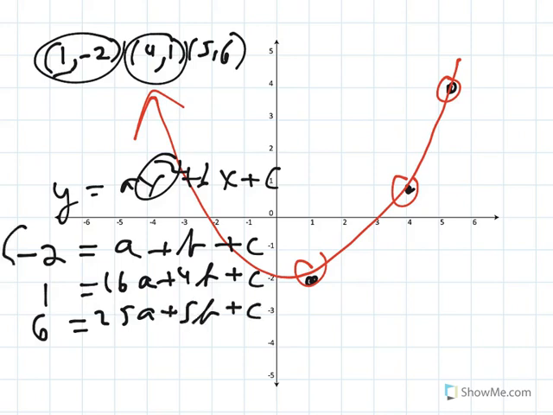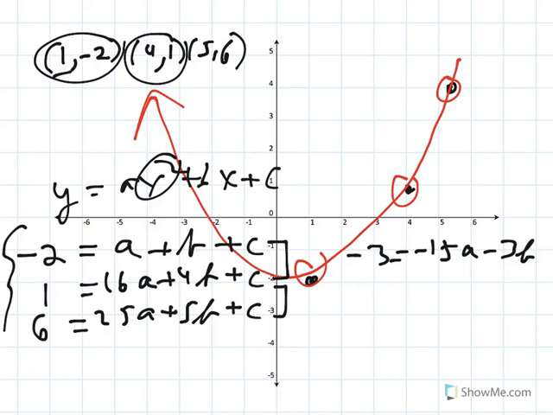Now this is a system of equations, 3 equations, 3 unknowns. Elimination says try to find a variable that you can combine two pairs of equations to make the same variable drop out. In this case, because it's plus c plus c plus c, we can subtract equations 1 and 2 to get negative 3 equals negative 15a minus 3b.